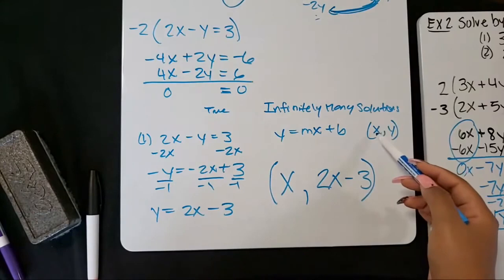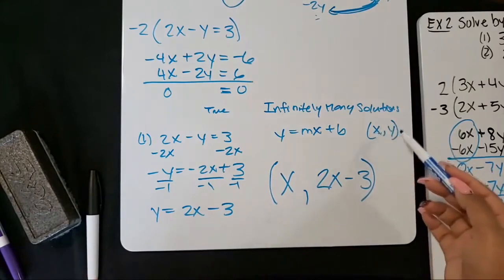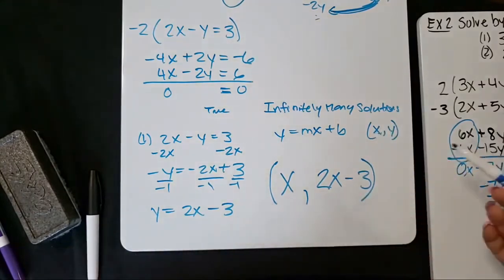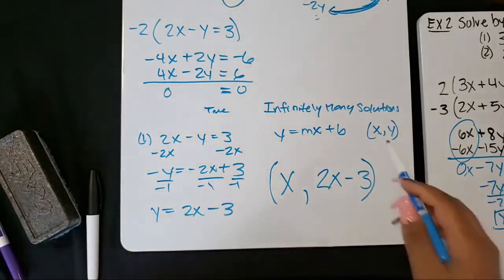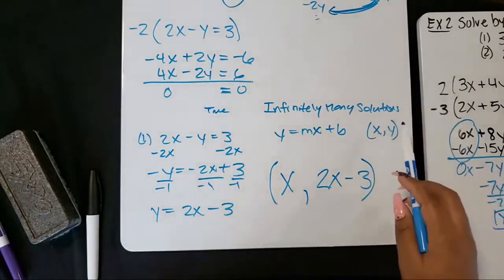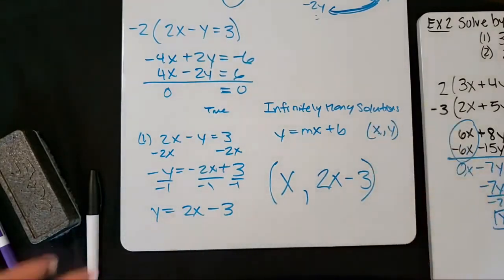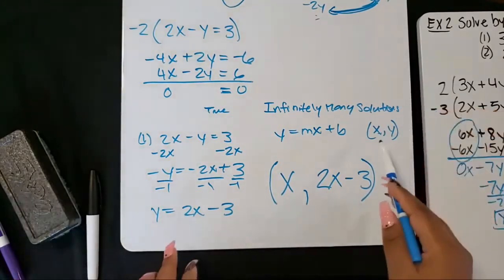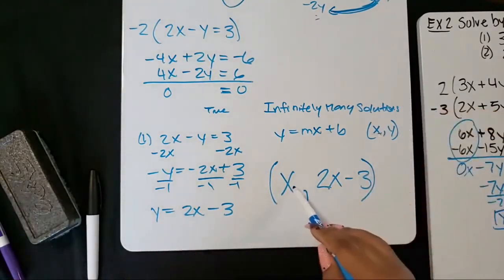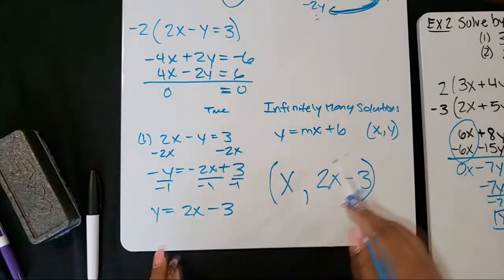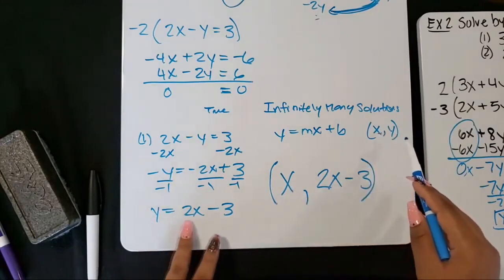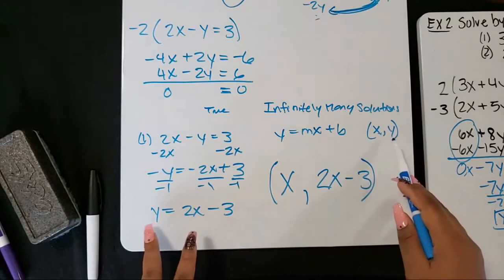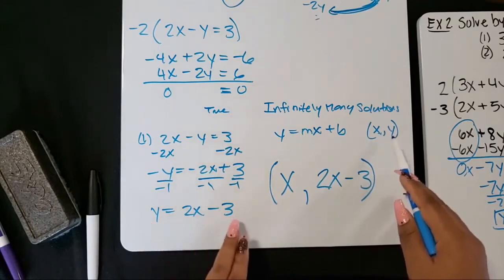So for any x that we put in, we're going to get a y because it's infinitely many solutions. That means that every point on the line is the same. So no matter what x we put in, we're going to get a y that's on the same line because they are the same line. So we put the x, which is our input, and then we plug in what the output is, which is y equals 2x minus 3.